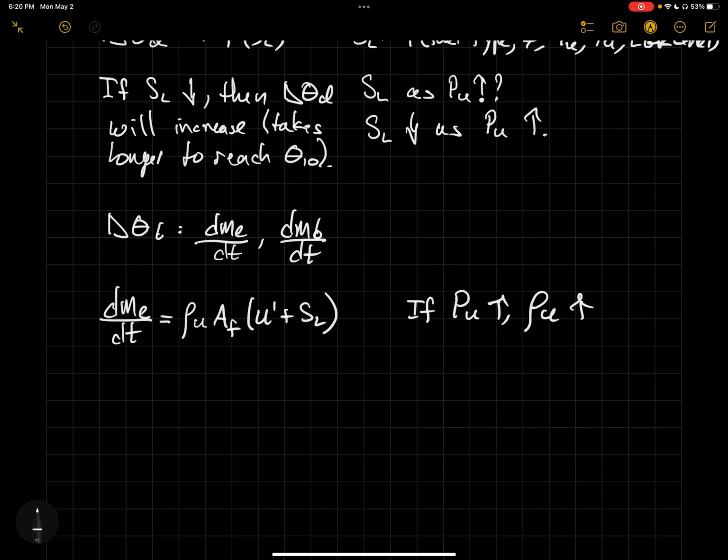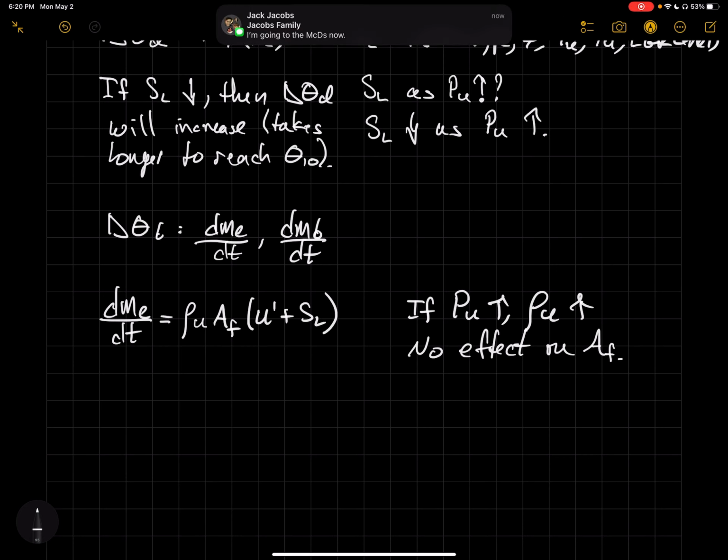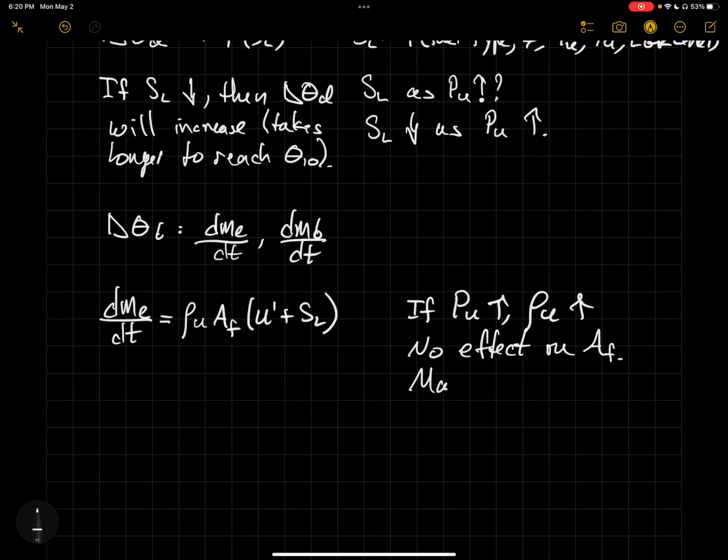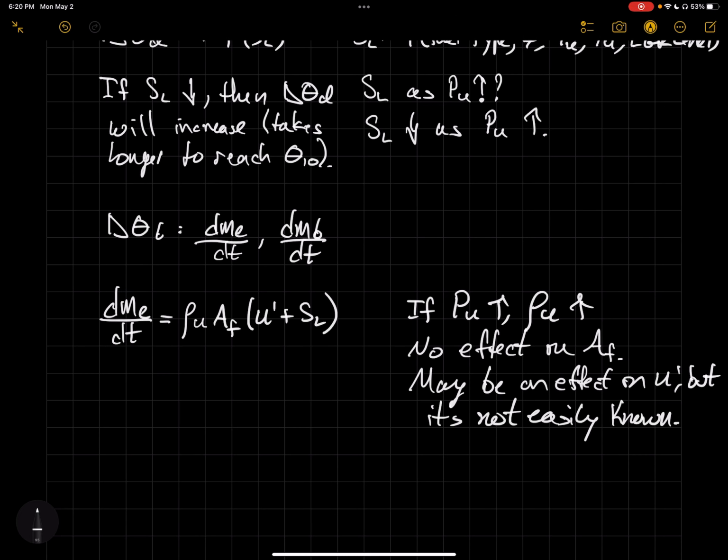Okay, there's really no effect on the flame front area, AF, right? There may be an effect on U prime, but it's not easily known. And so we're going to say that there's no effect.